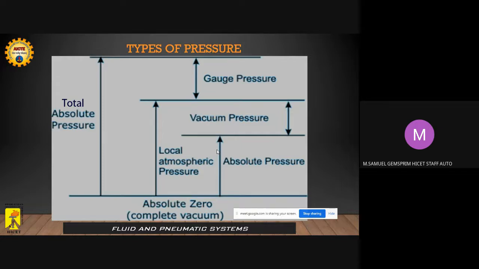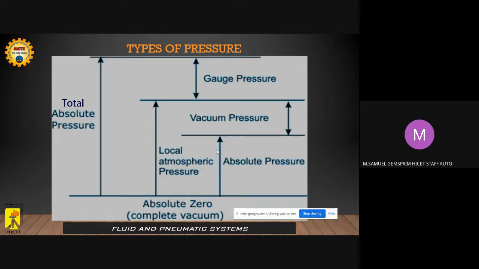If it is 30 PSI, it does not mean that it is exact or absolute 30, because in the environment where we are living, we have an ambient atmospheric pressure value. We will see that value in a short while. So we are considering the tire air pressure of 30 PSI without considering the atmospheric pressure, which is omnipresent, present everywhere.